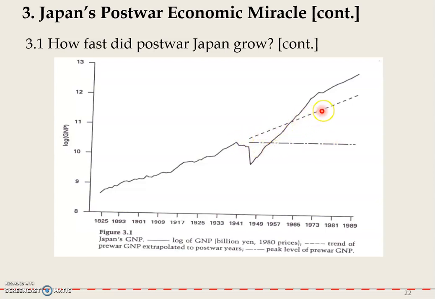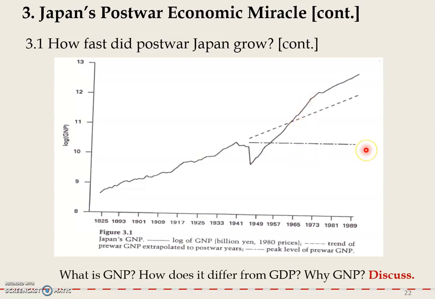Another dashed line, the upward sloping one, shows how fast Japan should have grown if, after World War II, it had continued the same pre-war upward trend. As you can see, the actual trajectory is much steeper than this pre-World War II trend. In other words, even compared with itself before World War II, Japan did pretty well during the post-war period.